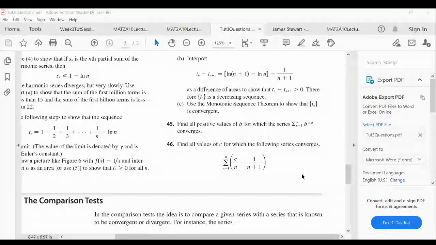So something we could try to do is to see if there's some kind of pattern that comes up, similar to the cascading pattern that we saw in one of the examples. So let me make a note of what the question looks like, then I'll share my screen and we'll see how to approach this. That's the sum, n equals 1 to infinity, of C divided by n minus 1 divided by n plus 1.